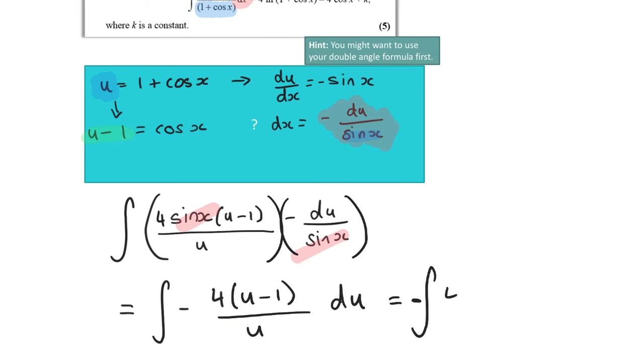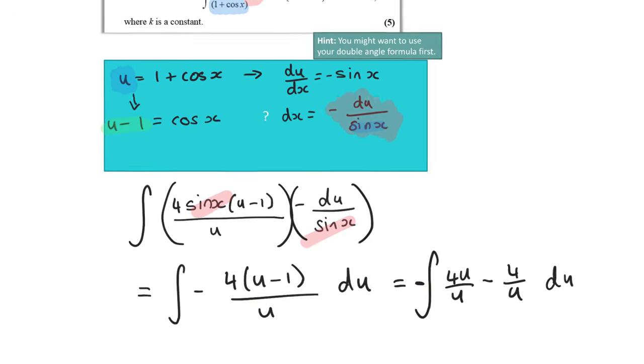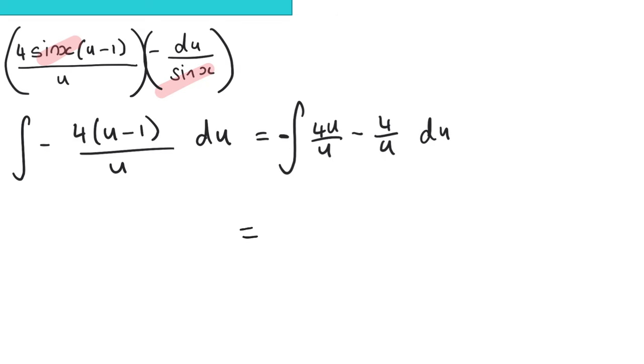Okay. So now we're going to get 4u over u minus 4 over u du. Okay? So this is going to equal minus the integral of, and 4u over u is just 4, minus 4u to the negative 1. Now, you're all going to want to do this, so I'm going to leave it like this.